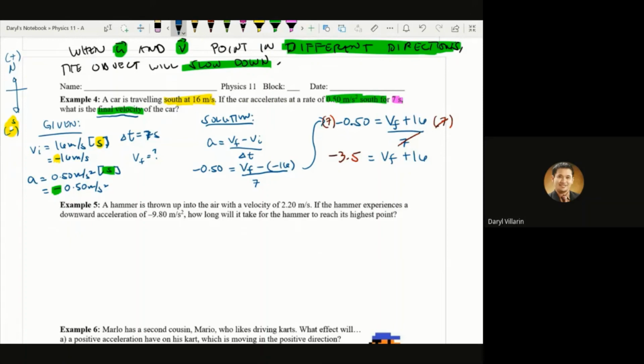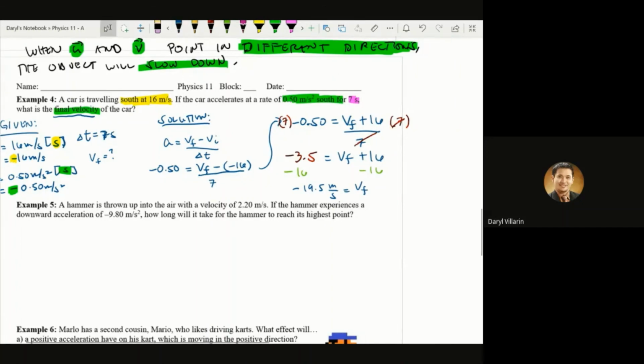Solving for vf, I need to subtract 16 from both sides. And this should give me negative 19.5 meters per second as my vf.